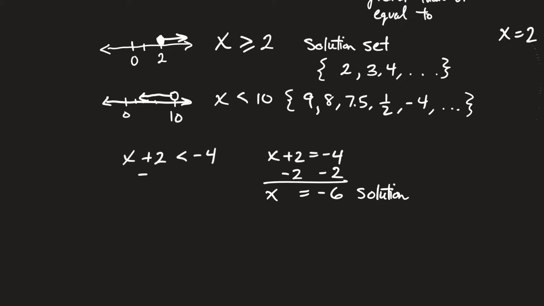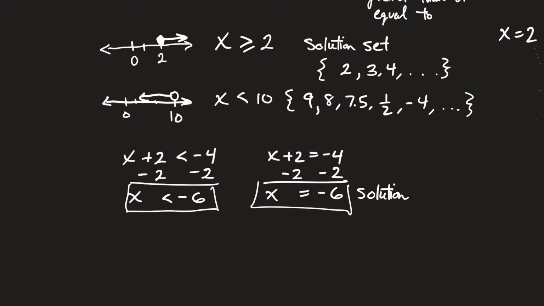Now for the inequality, it works the same way. I would subtract 2, and I have x is less than negative 6. So there is the solution right there. It works the exact same way.